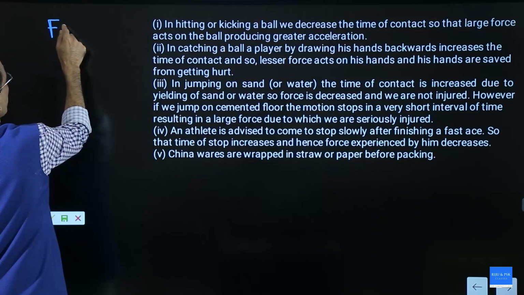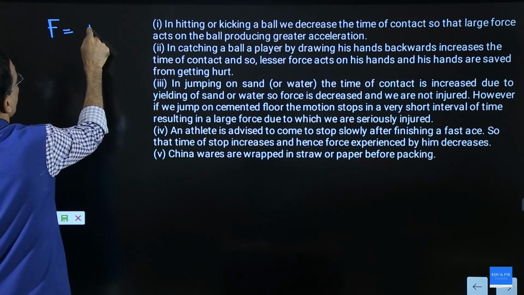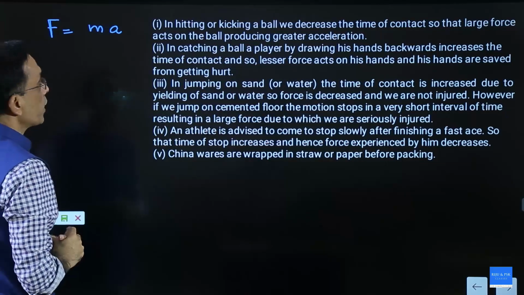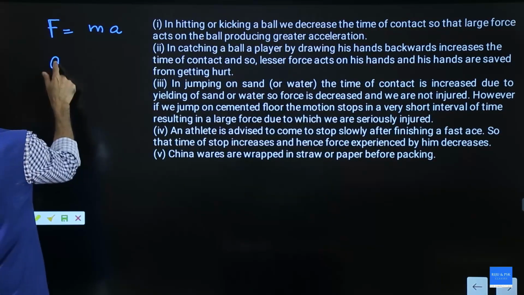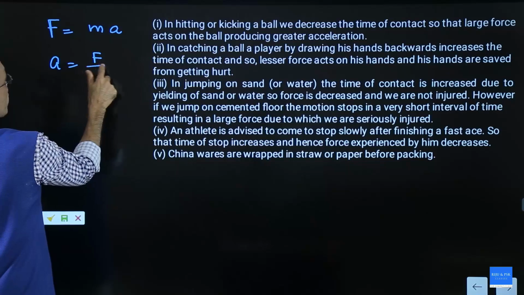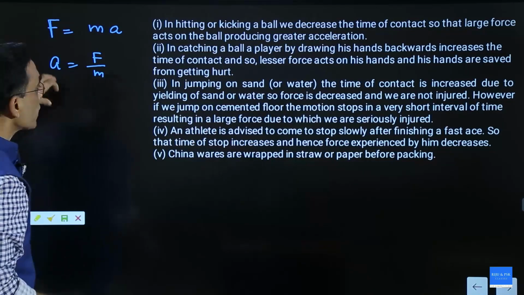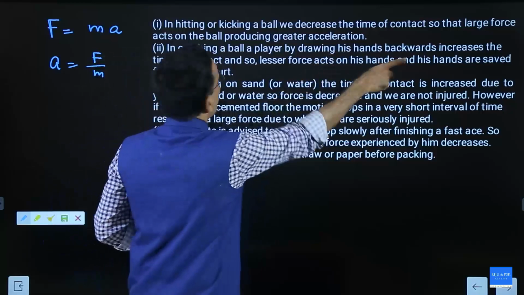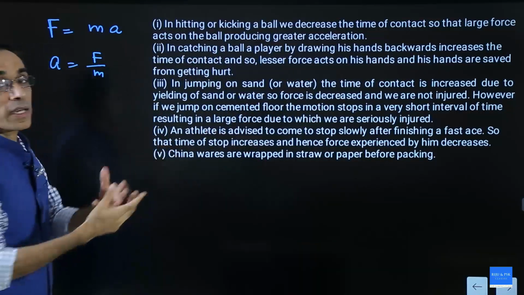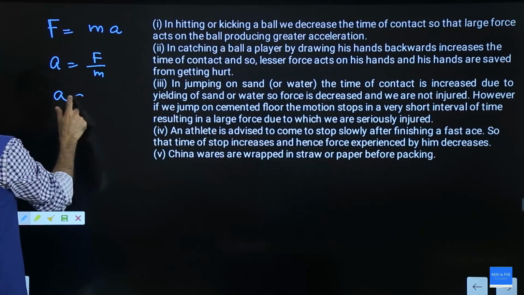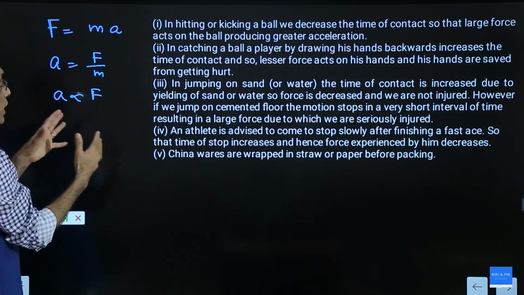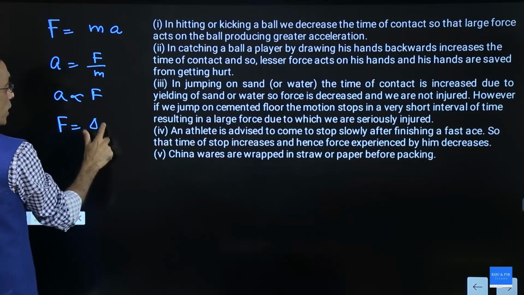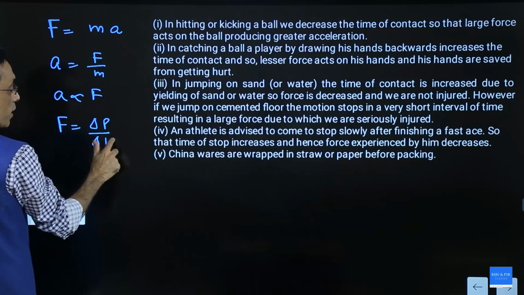We know that F is equal to m into a. So, we know a is nothing but F divided by m. So, if you want a larger acceleration, you need a larger force. So, a large force for producing greater acceleration, a is proportional to F. And how do we create that large force here? We know F is nothing but change in momentum by time taken.